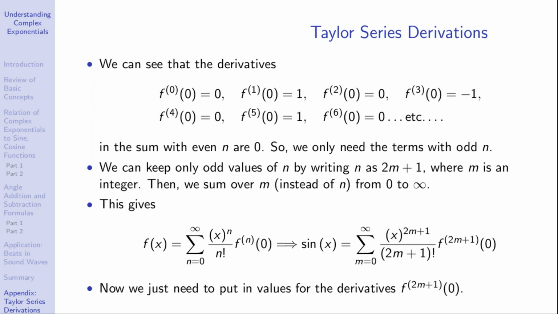Now for f of x equal to the sine of x, we get that the sine of x is equal to the sum over m from 0 to infinity of x to the 2m plus 1 power divided by (2m plus 1) factorial times the (2m plus 1)th derivative of f evaluated at 0. Now we just need to put in the values for those derivatives.